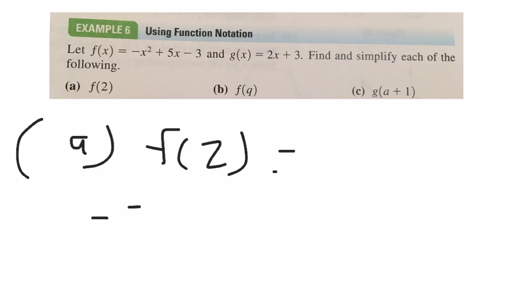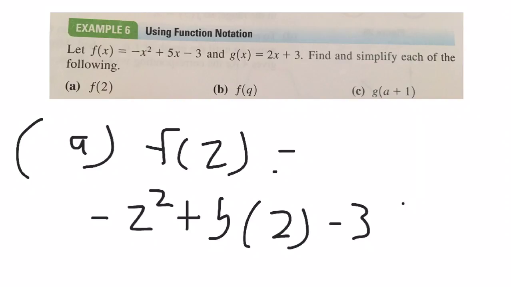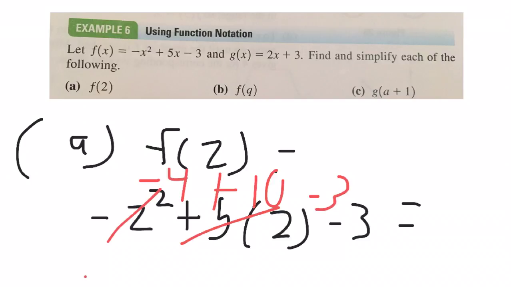So it'd be negative 2 squared instead of negative x squared, plus 5 times x would be 5 times 2, minus 3. So negative 2 squared, this would be negative 4, plus 5 times 2 means it'd be plus 10, minus 3. So negative 4 plus 10 would be positive 6, minus 3 would be positive 3.